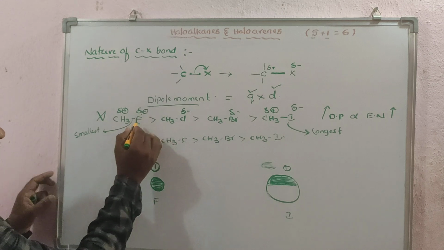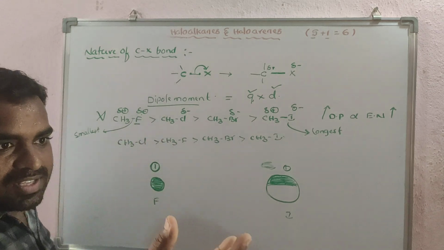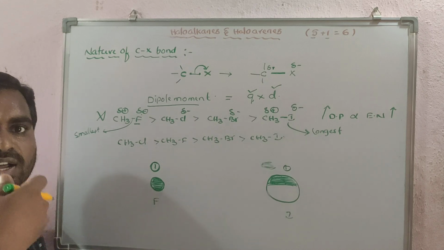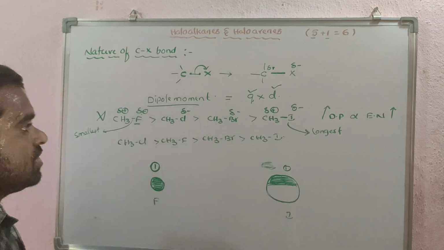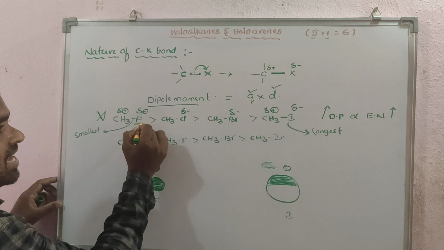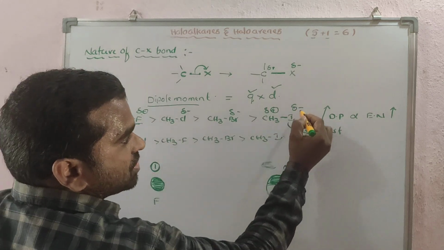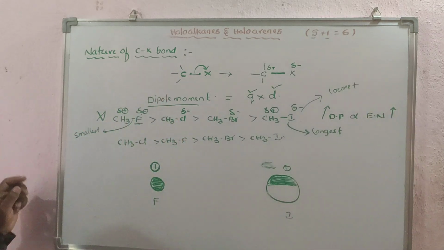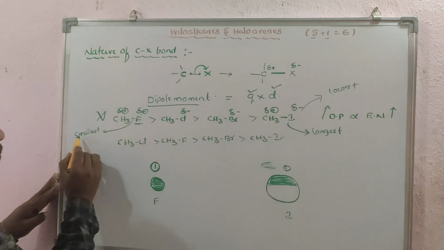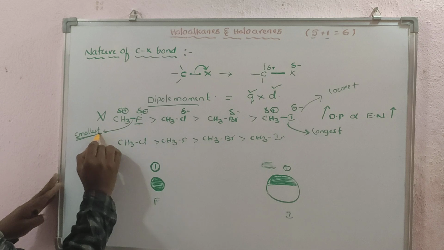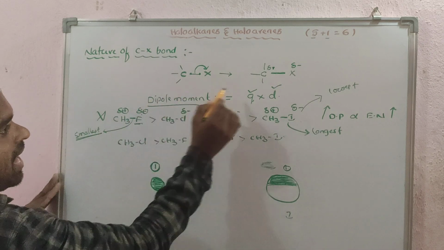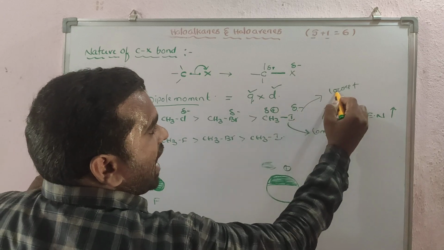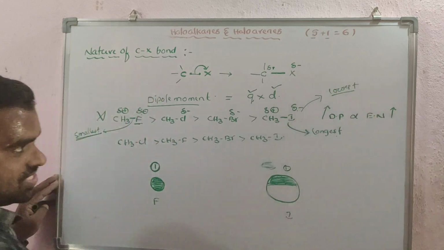If the ion is small, it has the highest charge density, so the charge density is highest for fluorine and lowest for iodine. But we have to multiply charge and length. For fluorine, the length is small but the charge density is high, and for iodine the length is longest but the charge density is lowest.